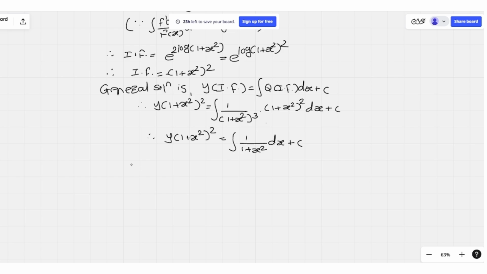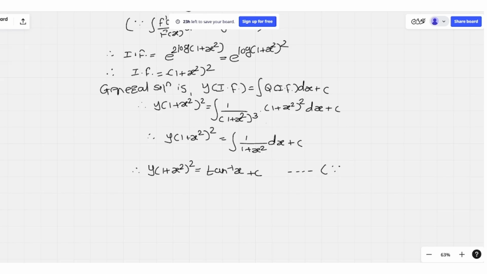Also, as we know, this is the standard formula: integration of dx upon 1 plus x square is tan inverse of x. Therefore, our general solution is y (1 plus x square) whole square is equal to tan inverse of x plus c.